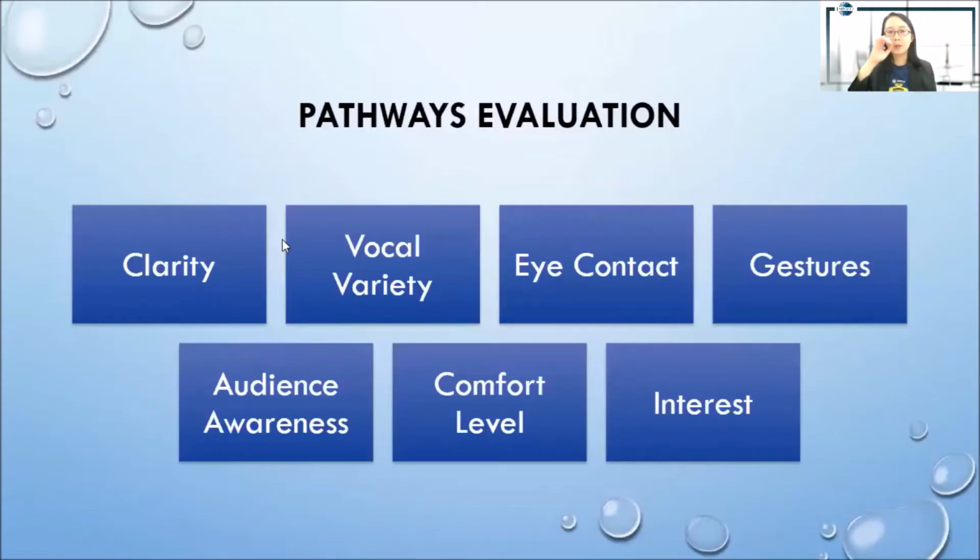So in terms of pathways evaluation, you will notice that for each pathways project in the second and third page, there will be these 7 criteria, and sometimes there will be an additional criteria depending on the projects. So in terms of all these criteria, I will show you later on how you really score the numerical scale.